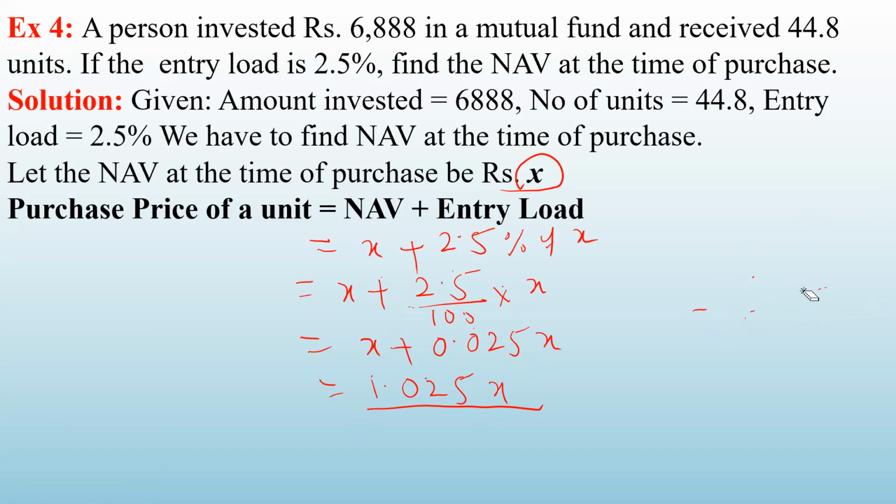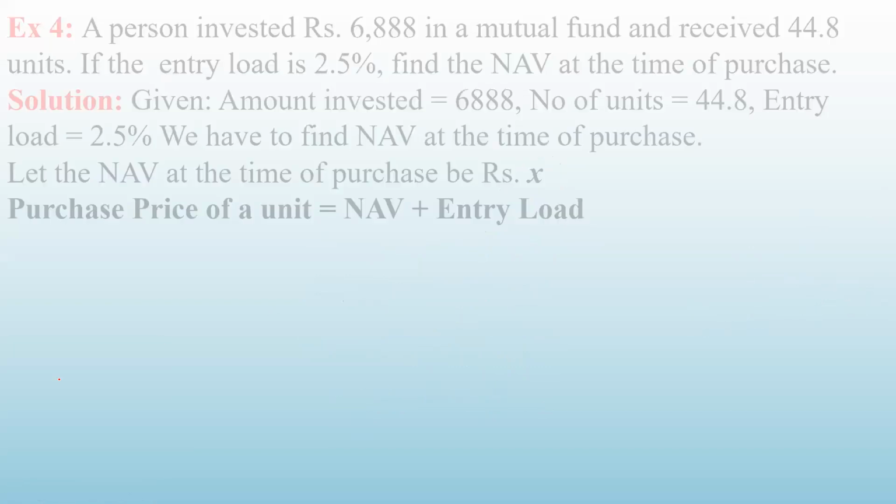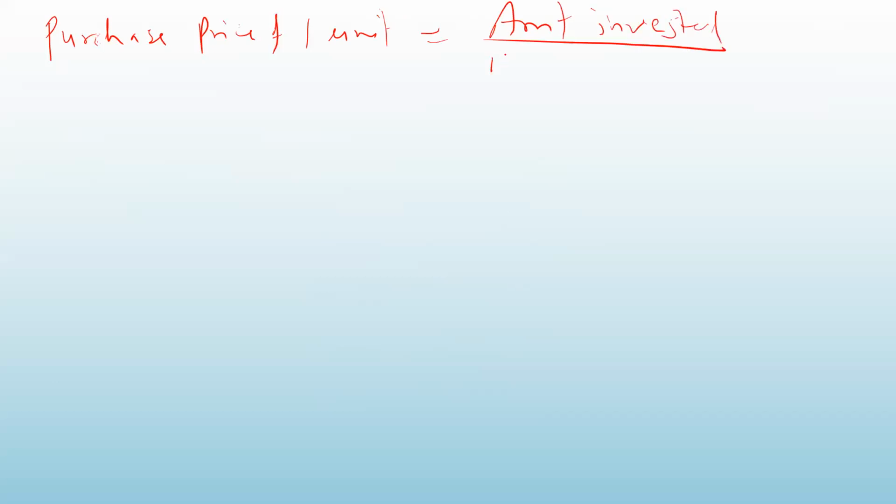Now see, you have found out the purchase price of 1 unit. Also, you know that the purchase price can be found out as equal to amount invested divided by number of units purchased.